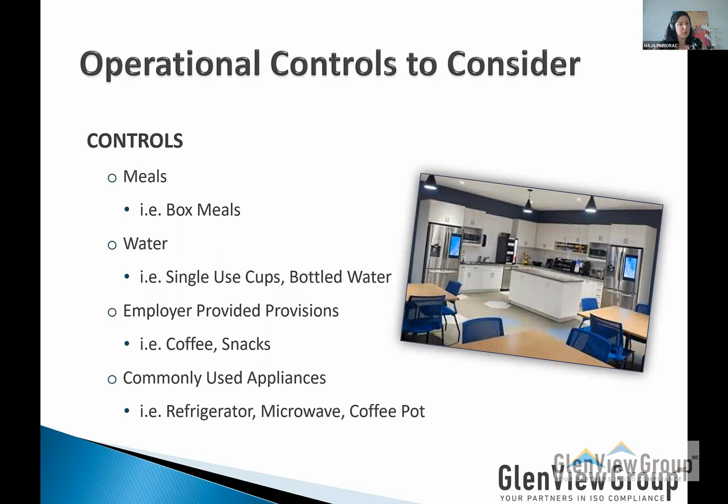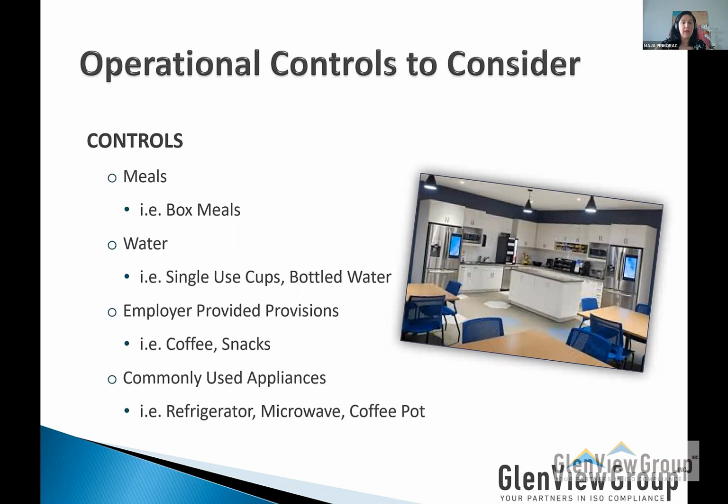And further into controls to consider, the meals. Are they going to be bringing meals from home or box meals? What is going to happen with water? Are you going to have water dispensers, or are you going to provide bottled water yourself?